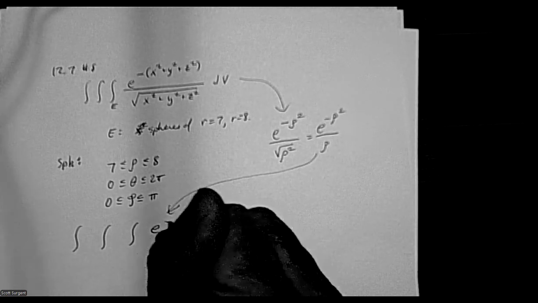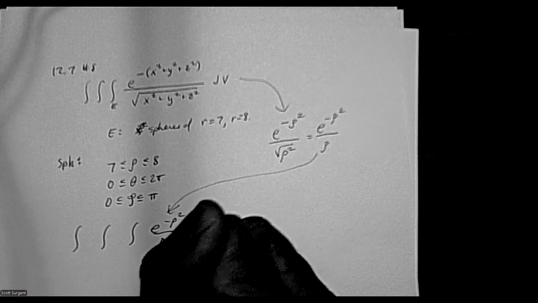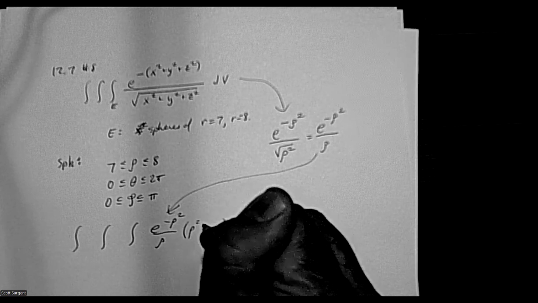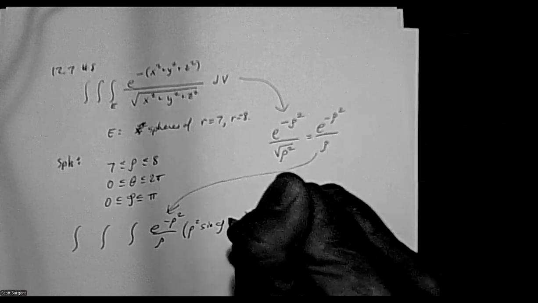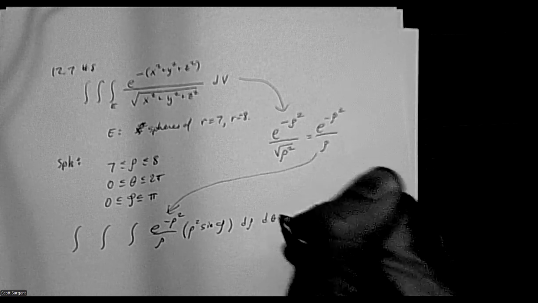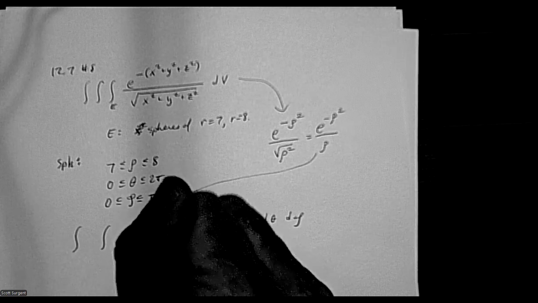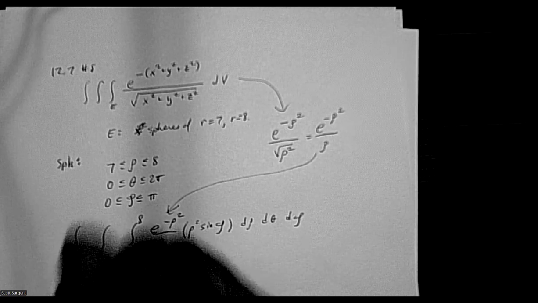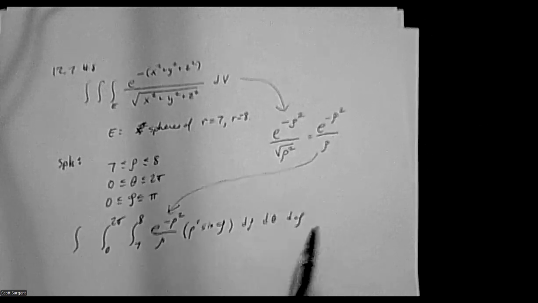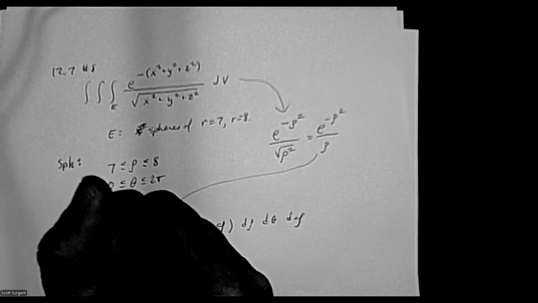You've got e to the negative rho squared all over rho. And then you've got your Jacobian rho squared sine phi. And then you've got your d rho d theta d phi. And if I put my bounds on, rho is 7 to 8, theta is 0 to 2 pi, and phi is 0 to pi.